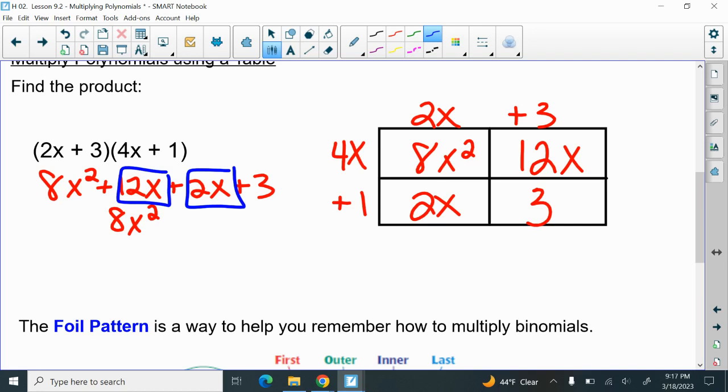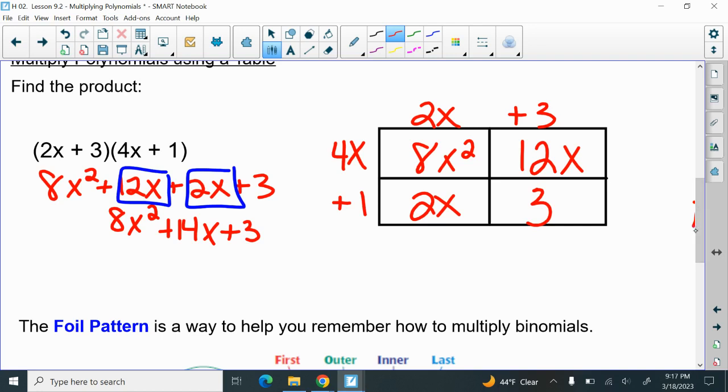They both have an x. So my final answer in simplest form would be 8x squared plus 14x plus 3. So that's one way we can multiply binomials. However, making that table is not always going to be the fastest method.